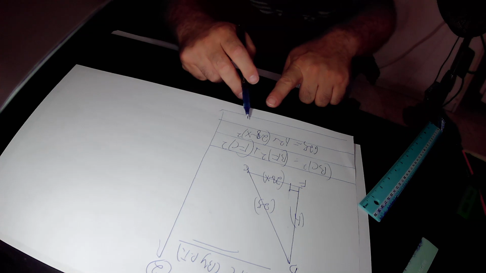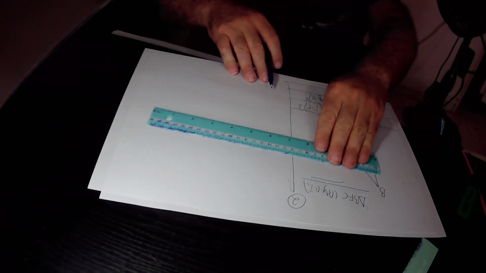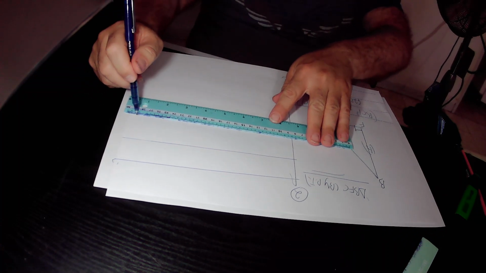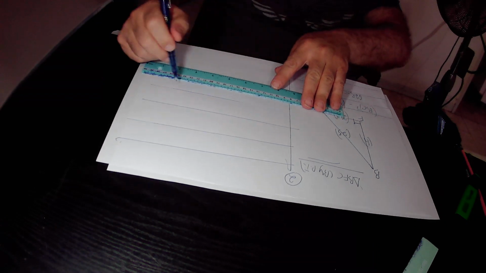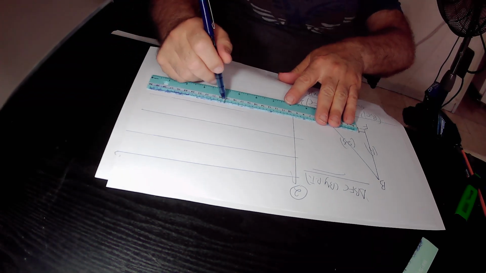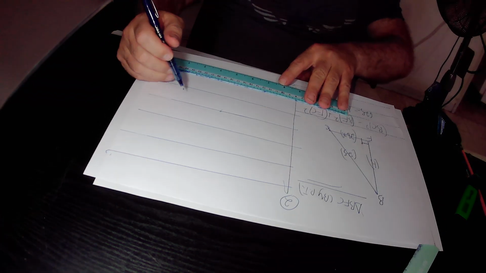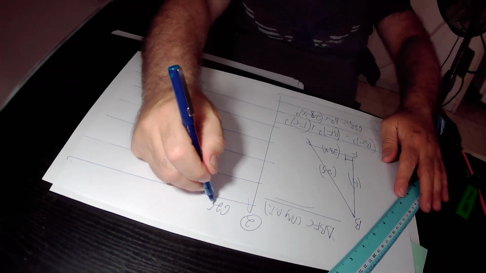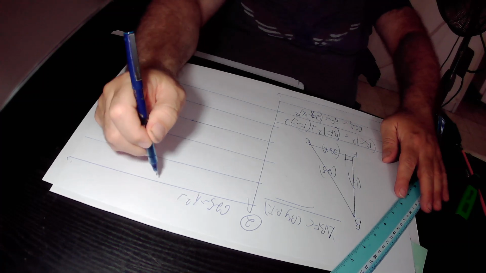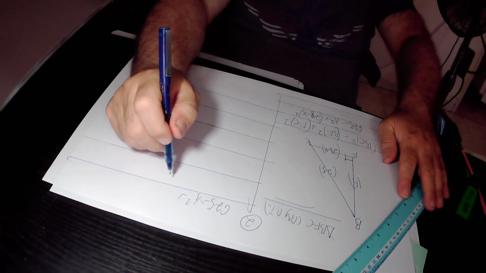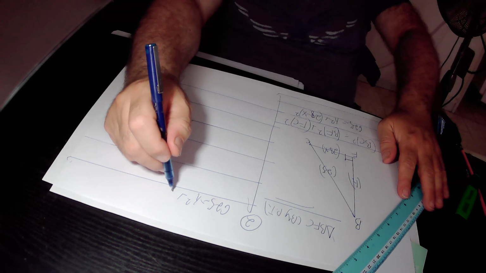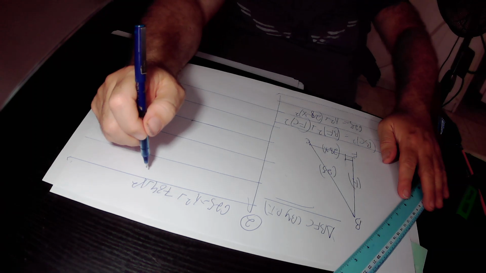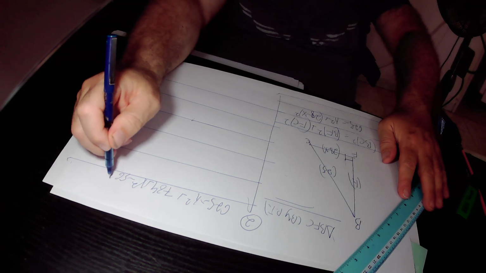We will open the brackets on this side of the equation and finally get that 625 equals 8 squared plus (28 minus x) squared. (28 minus x) squared equals 28 squared, that is 784, plus x squared minus 2 times 28 times x, which is minus 56x.